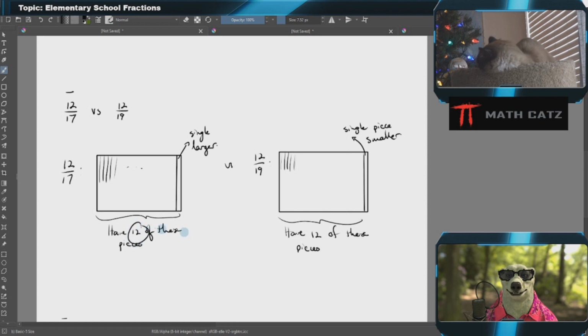And because I have 12 of each, I can conclude, well, 12 of the larger pieces will be more in terms of coverage of a rectangle than 12 of a smaller piece. And then I can conclude in here, let me erase this, that 12/17 is larger than 12/19, and I put the appropriate inequality to state the comparison.